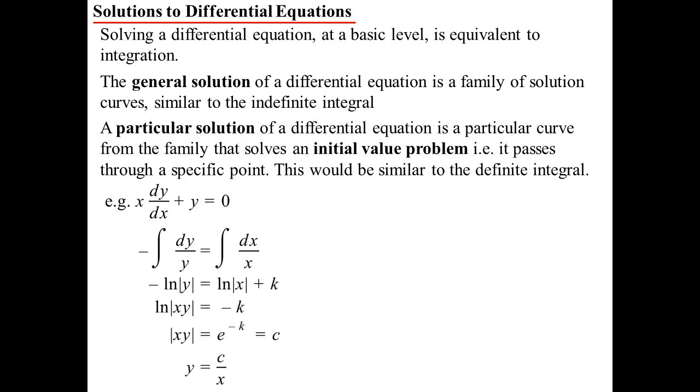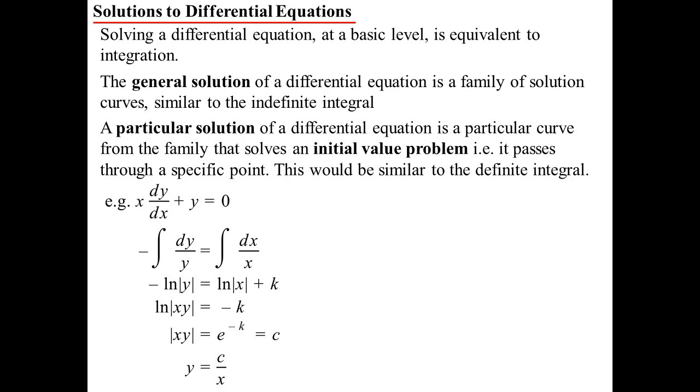So theoretically, what I've done before I've integrated is I've separated them. So on the right-hand side, I've ended up with dx divided by x, and on the left-hand side, minus dy divided by y. Then what I do to one side of the equation, I do to the other, so I'm going to integrate both sides.